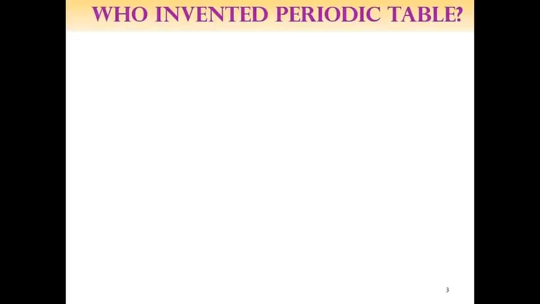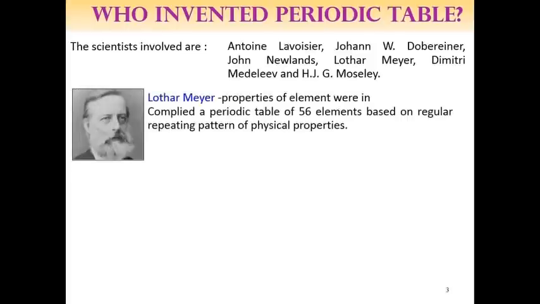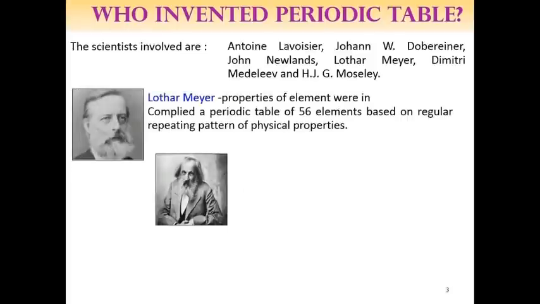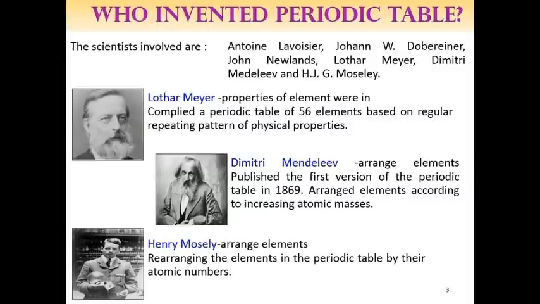First, let's be introduced to the scientists who invented the periodic table. There are many scientists involved, and the three famous scientists are Lavoisier, Dmitri Mendeleev, and Henry Moseley, and all the information about these scientists is given throughout the slides.